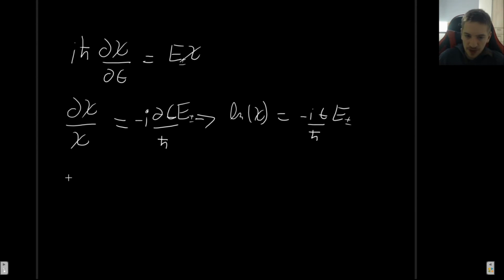So now when we exponentiate this, we get that our time-dependent function is going to be some constant times e to the minus i, because this of course has some constant, which is then going to be added up to this constant right here when we exponentiate. So e to the minus i t E plus or minus divided by h bar.